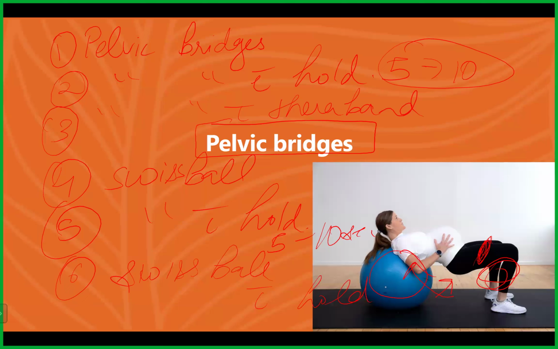In the same way, as you see clients, you will get an idea of how to modify each and every exercise. Pelvic bridges are advisable in the second trimester. We are talking about second trimester exercises. These are the variations we can do.